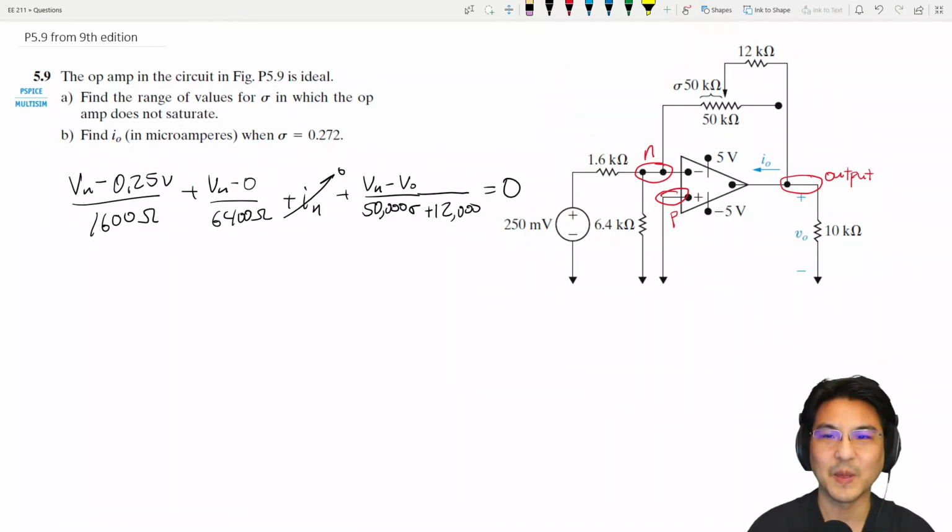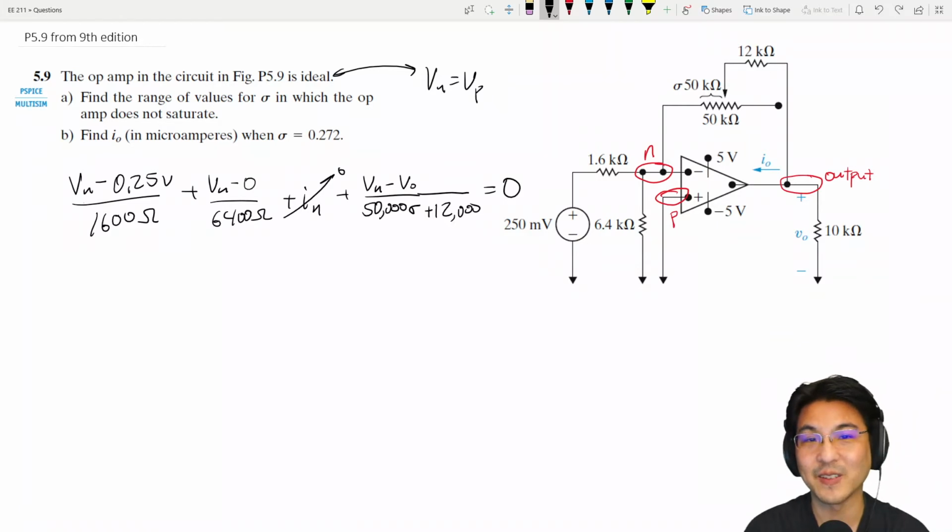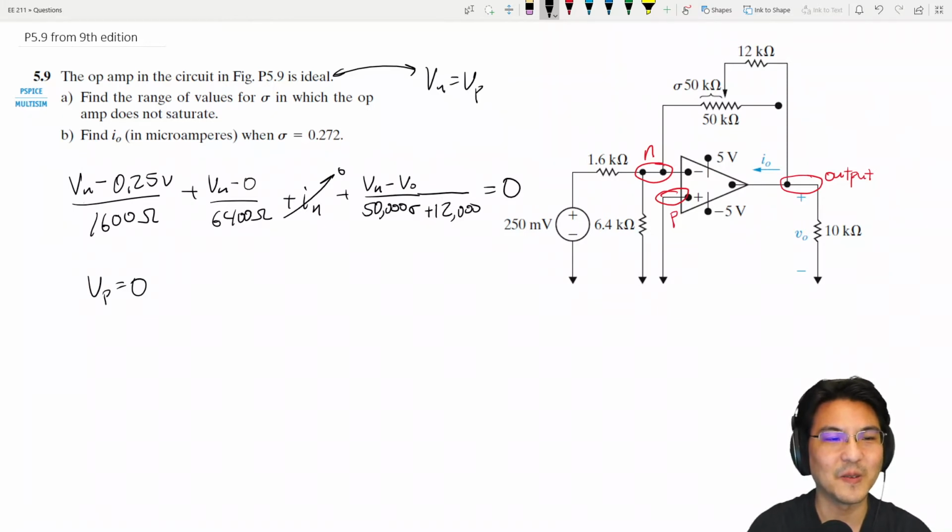Okay, but then, ideal means Vn equals Vp, but look at this node. It's connected directly to the ground. That's our reference. So Vp is 0 for this particular example, not always. And then for an ideal op-amp, Vp equals Vn, which means Vn is also 0.